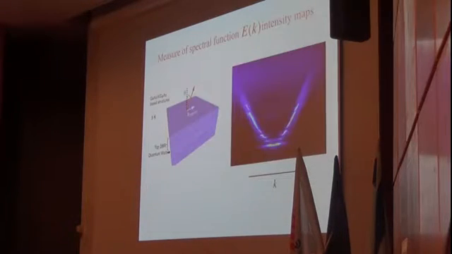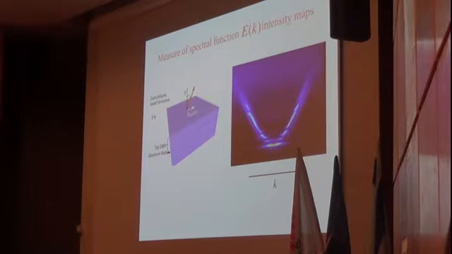And now those are the measurements. They measure the spectral function, which is the energy as a function of k in such a structure. So how do they measure this? In fact, they excite those polaritons with external light.